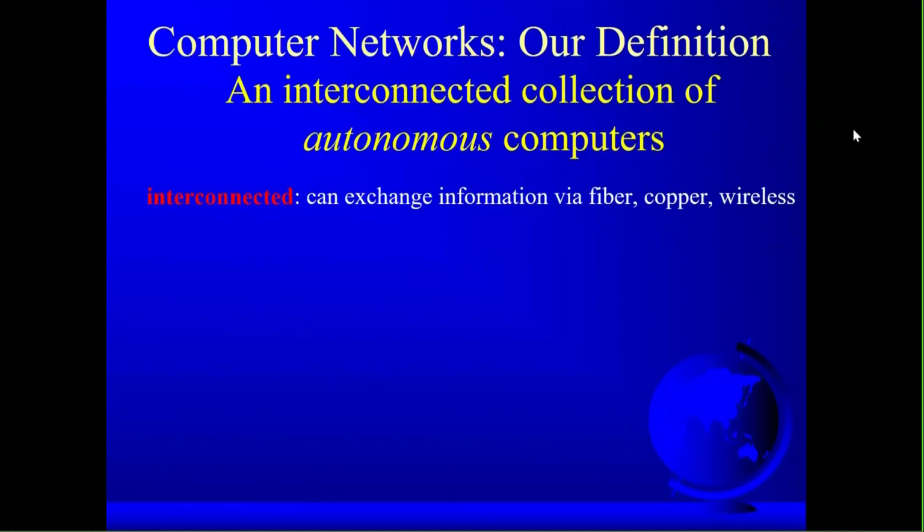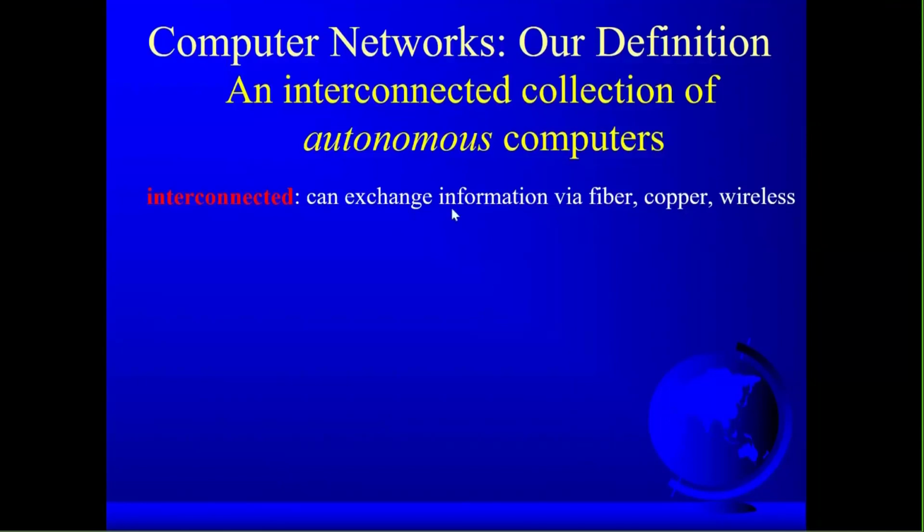Could be fiber, could be copper, could be wireless, coaxial cable, twisted pair, or any kind of physical communication, wired or wireless. So if I can exchange information, that's what we refer to as interconnected.